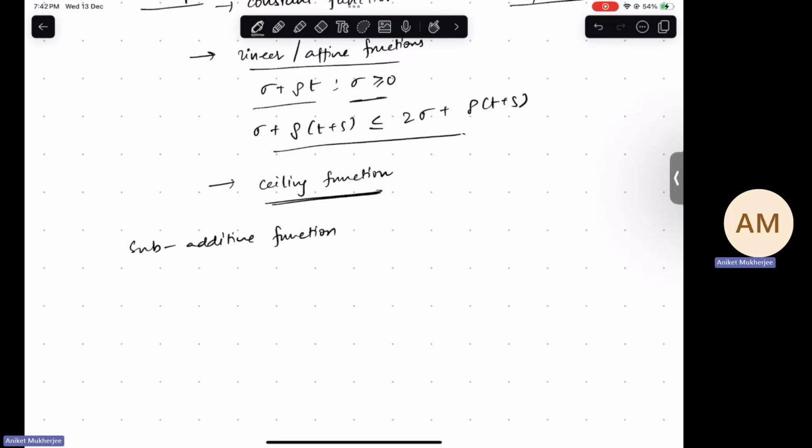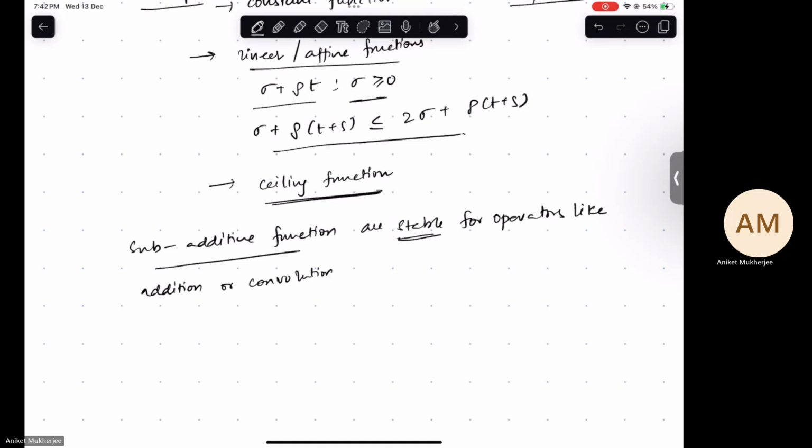Subadditive functions have a very unique property: they are stable. When I say stable, it means they are stable for operators like addition or convolution, but not for minimum.